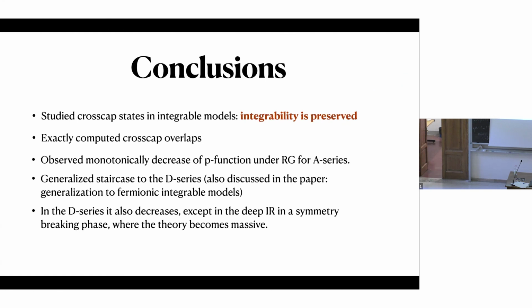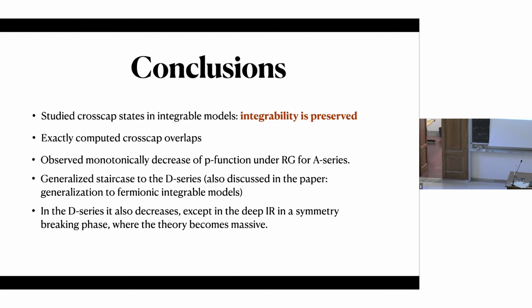Okay, so conclusions. We studied cross-cap states in integrable models, and the punchline here is that if you have an integrable model and you put it in a background of a cross-cap, integrability is preserved, generally. That's not the case for the boundary, where you have to choose the boundary carefully, but here there's no choice. And with integrability, we can compute these overlaps.